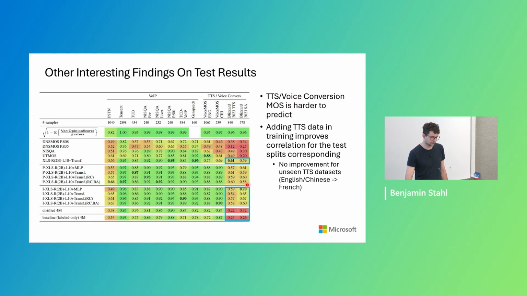So what we can see here, even though we added the English and Chinese training data, the French text-to-speech data wasn't better than without any text-to-speech data at all.